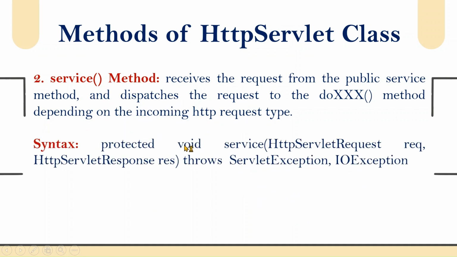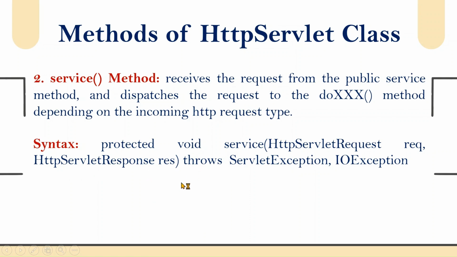If you look at the syntax here, it is protected, and the parameters are HttpServletRequest and HttpServletResponse. Both are interfaces, and req is the reference variable for HttpServletRequest and res for HttpServletResponse.